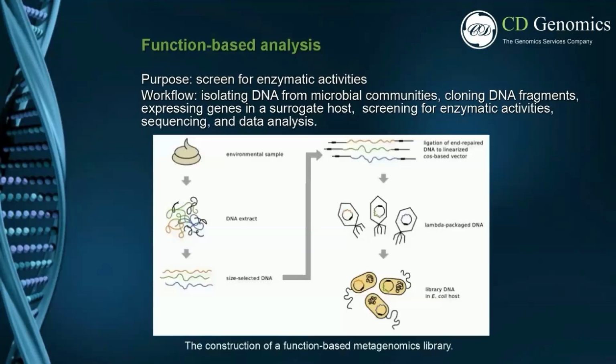DNA is first extracted from the environmental sample of interest, then size selected, repaired, and ligated to a cos-based vector, allowing packaging by lambda phage for subsequent transduction of Escherichia coli. The resulting library contains relatively large insert DNA, typically 25 to 40 kb for cos-based vectors. Functional analysis has identified novel antibiotics and antibiotic resistance genes.